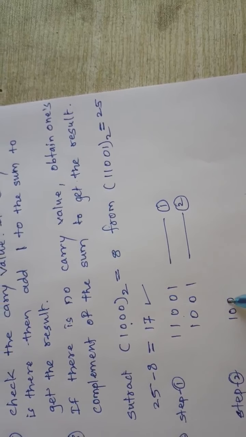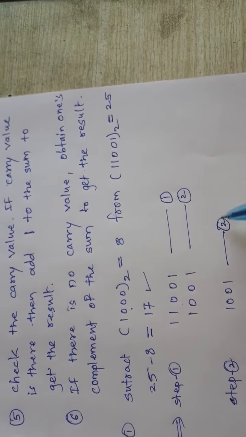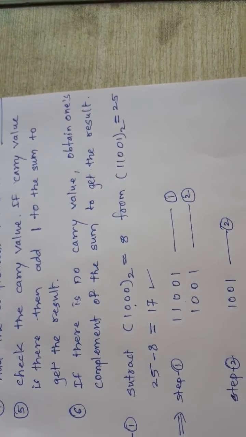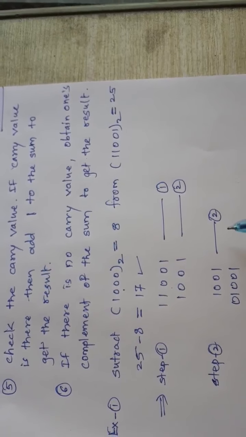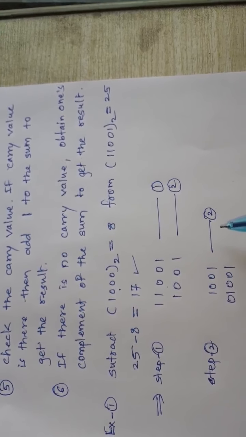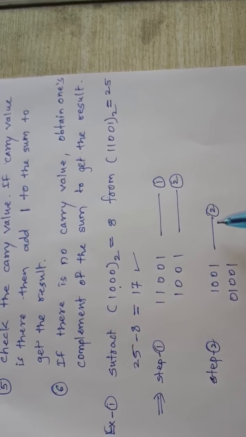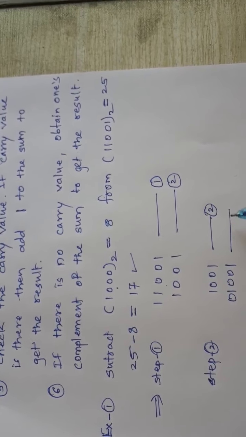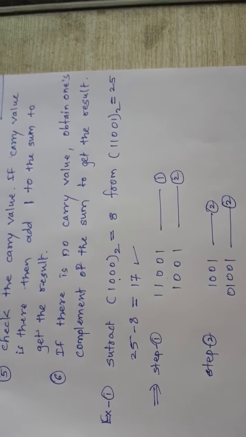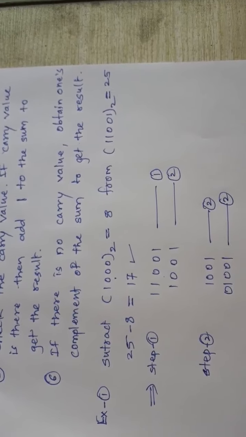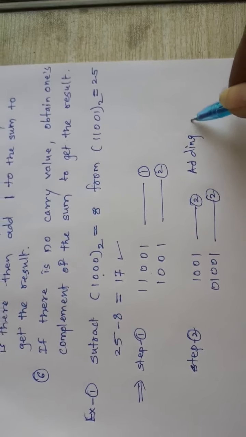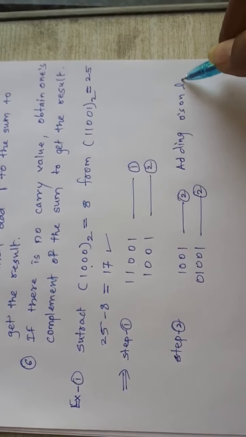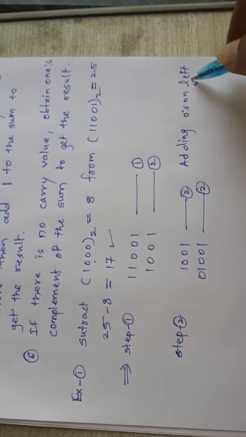So equation 2 is here, we add 0, 0 1 0 0 0. This is equation second. We are adding zeros on the left side.